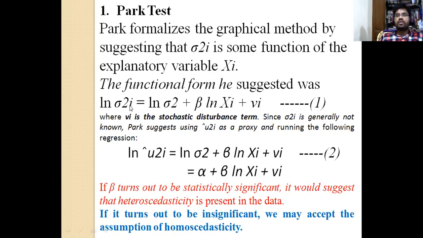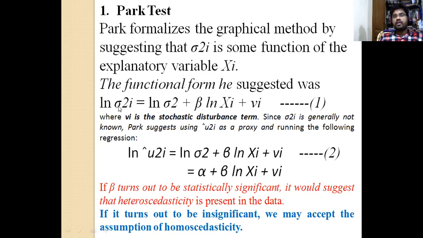ln sigma square i, that is the variance, is equal to ln sigma square plus beta 1 ln xi plus vi. So here the variance of the error term depends on the independent variables. Here vi is a stochastic disturbance, that is called the error term.